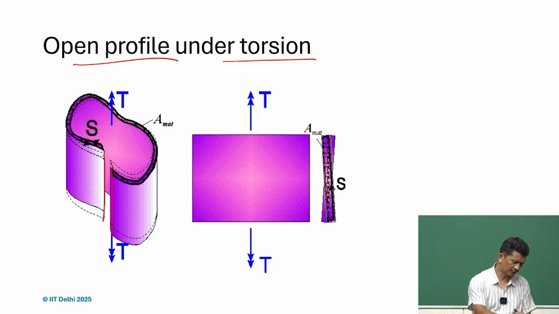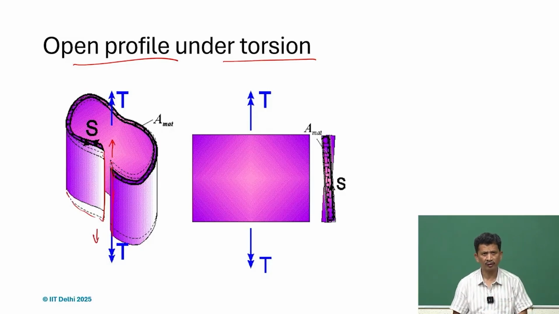So you can see that even the edges will deflect. It will not remain in the same plane. So actually the cross sections are not in the same plane.